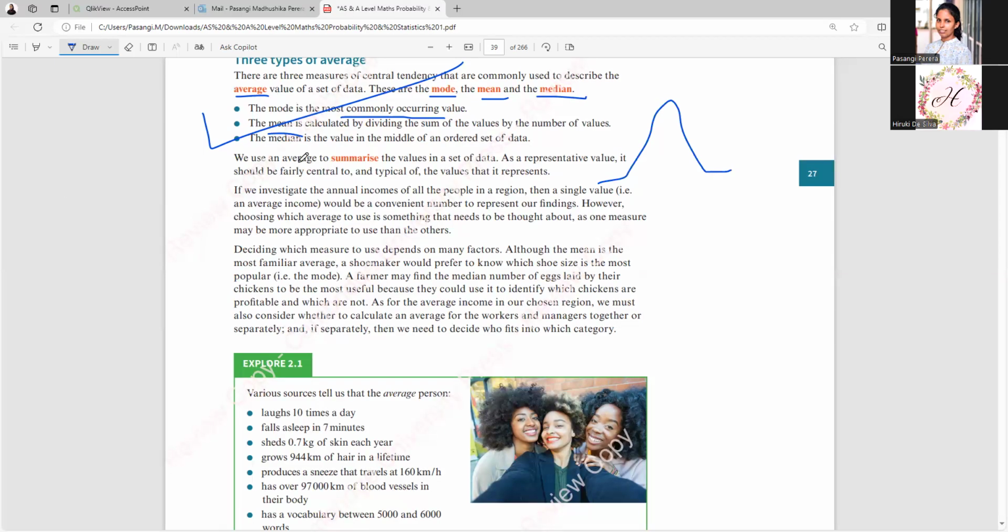It should be fairly central to and typical of the values that it represents. Normally, from these measures, we will be describing the entire data set.